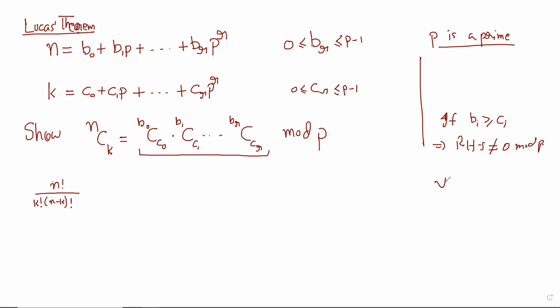Okay, so does anyone remember there was a formula for VP of N factorial in terms of base P expansion? What is it? There is, right? There is a very slick formula.